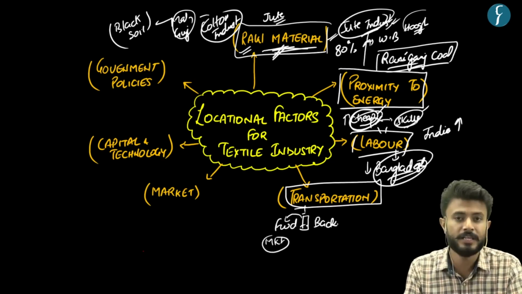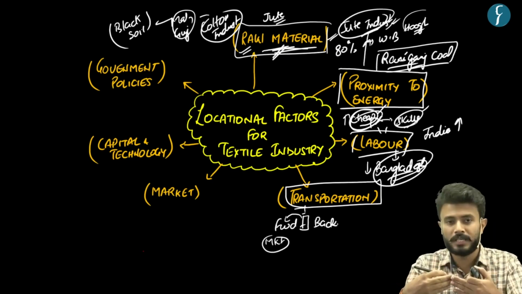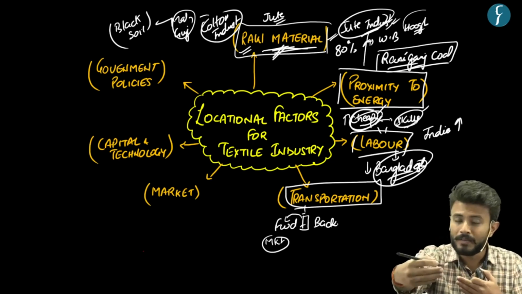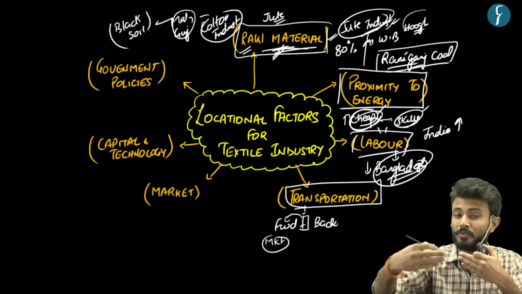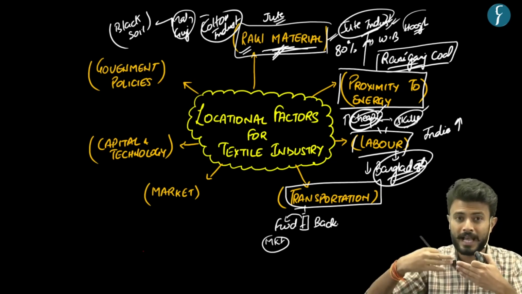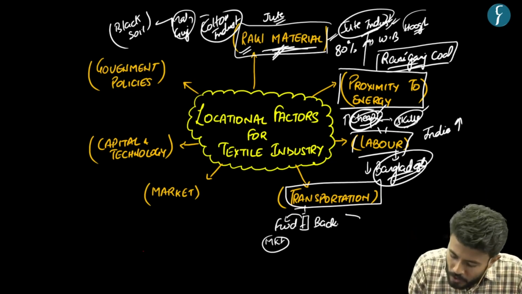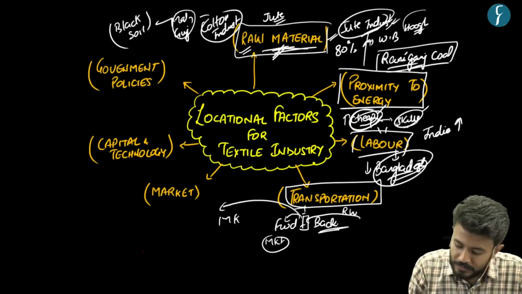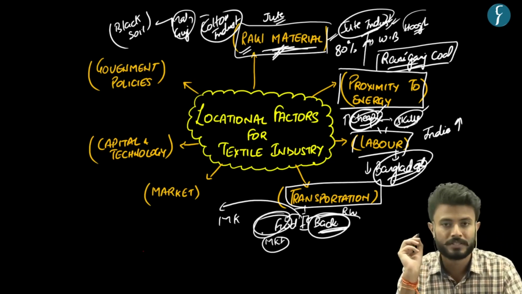So the industry needs to have, let's say, roads which connect the factory outlet with the forward markets. But this industry will be able to make products only when it gets the raw material, and the raw material is the backward linkage. So the raw material will come from here and the final product will go to the market. So this part is known as backward linkage and this part is known as forward linkage, right?